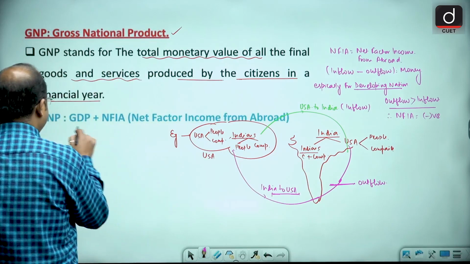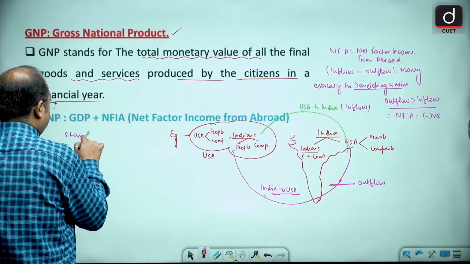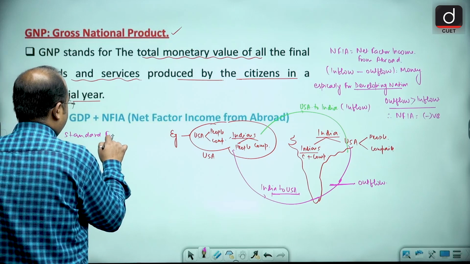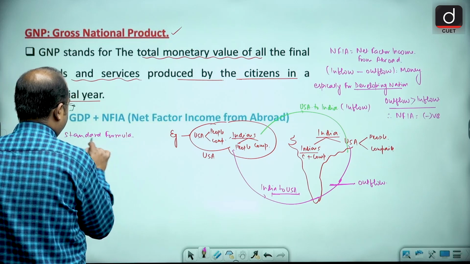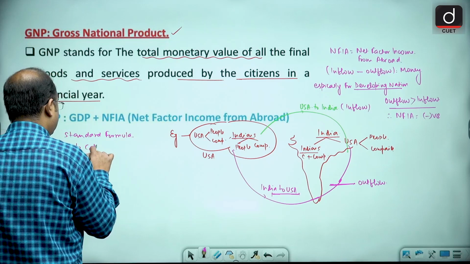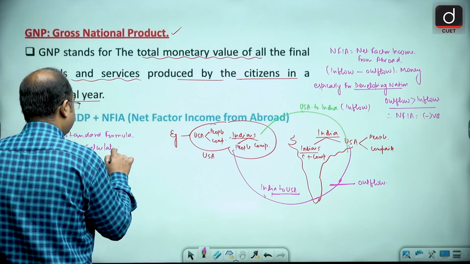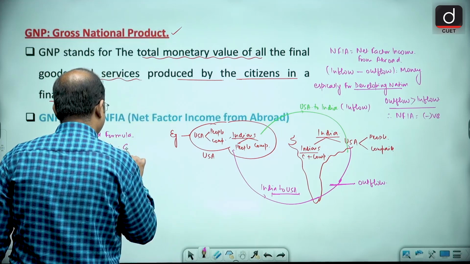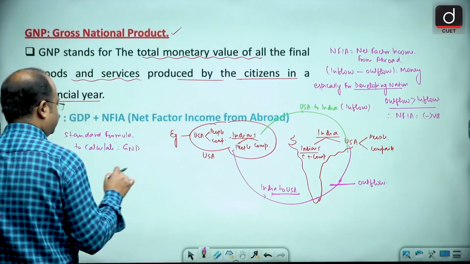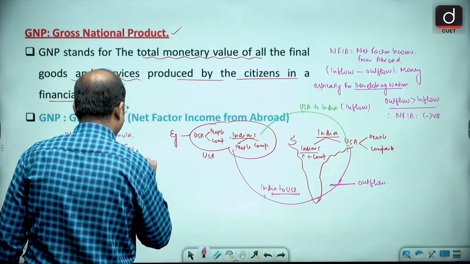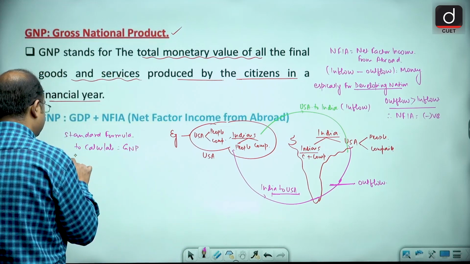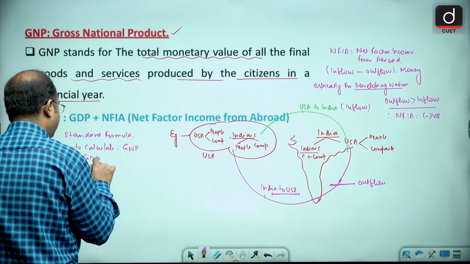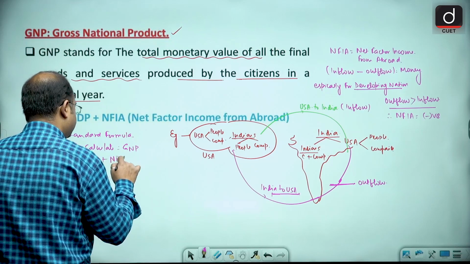Although guys, the standard formula to calculate GNP is GDP plus NFIA.